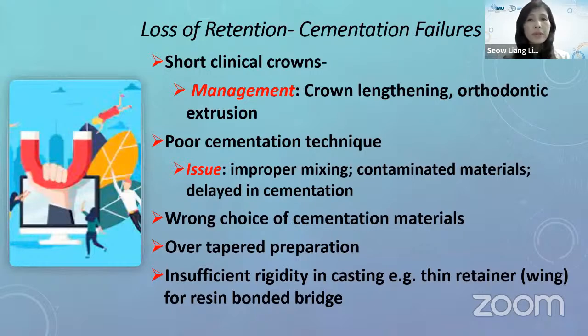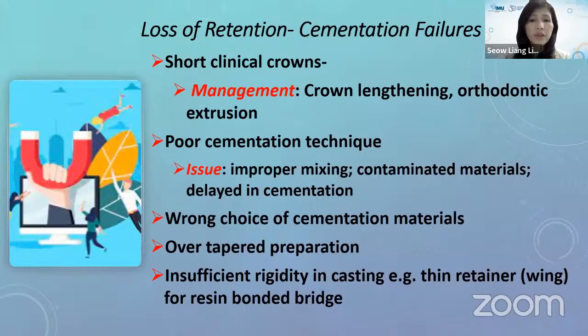And wrong choice of cementation materials. When you need maximum retention strength for the prosthesis, you need to maximize on the adhesion outcome. So if you are using a cement that may be suitable for your full coverage crown, it may not be suitable for prosthesis that requires more retention.